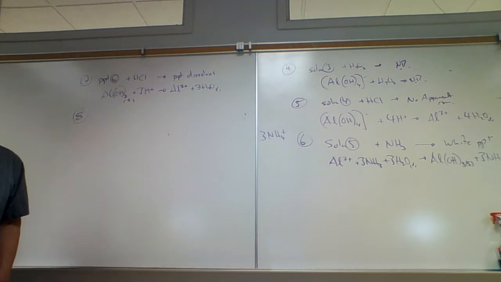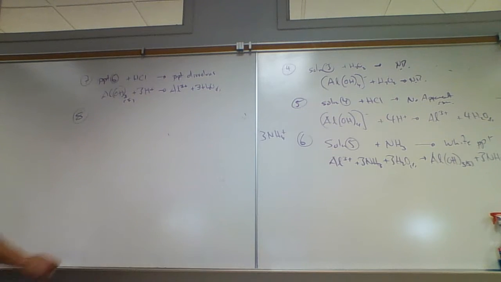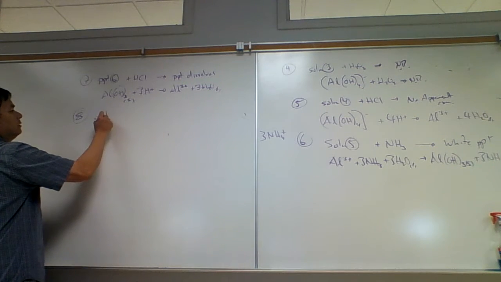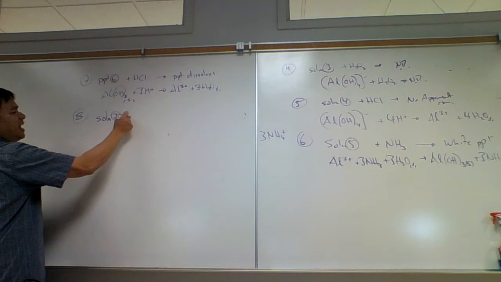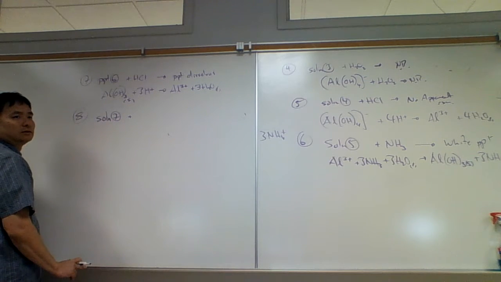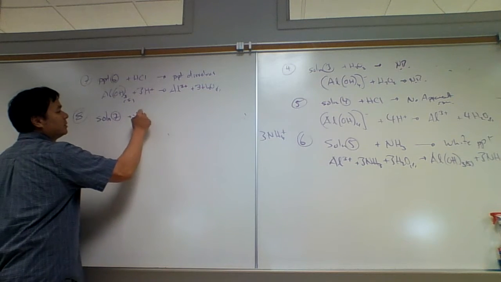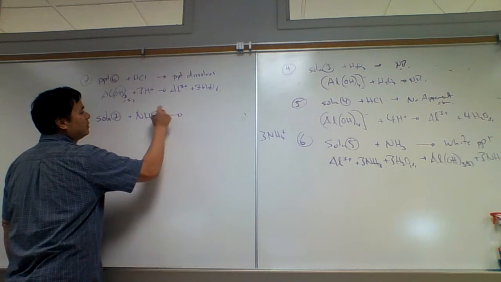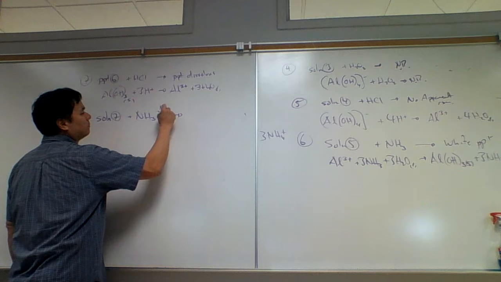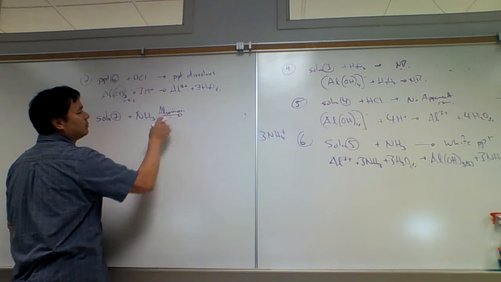Okay, what's in the next step here? Okay, the aluminon reagent. And so what we're going to do is we're going to take solution 7 and add what to it? Aluminon and NH3. So we're going to add NH3 and then aluminon. Aluminon I'm going to write over the arrow.